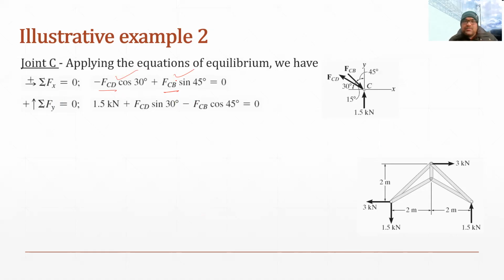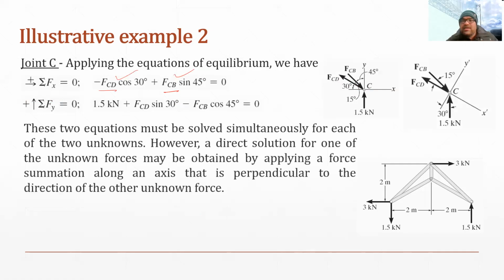Second option is, if we orient the xy axis along one of the force member, like this. So in this case, you can see we have oriented the x and y axis along one of the force member, say in case of FCD. So x is oriented along FCD and y is perpendicular to that.